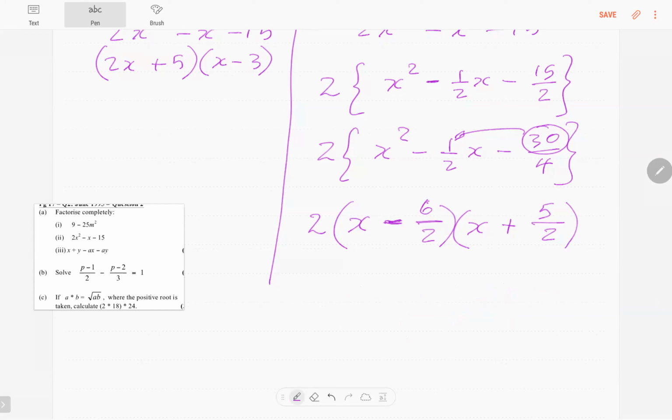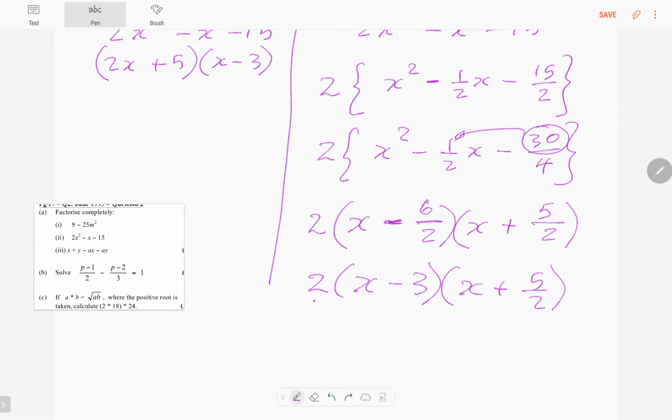Now, this really becomes 2 brackets, minus is really 3 over 2, so x minus 3 over 2 times x plus 5 over 2. But to get rid of this fraction, I multiply the 2 by the bracket.